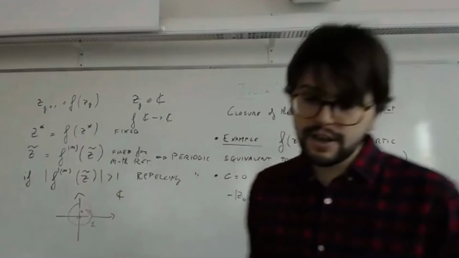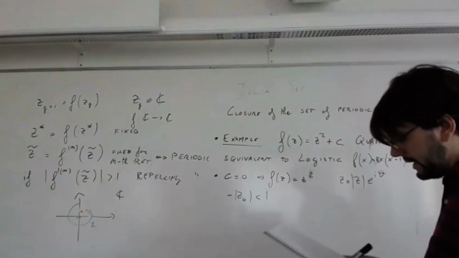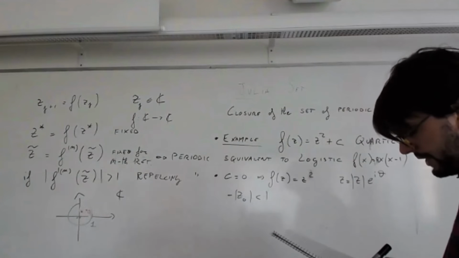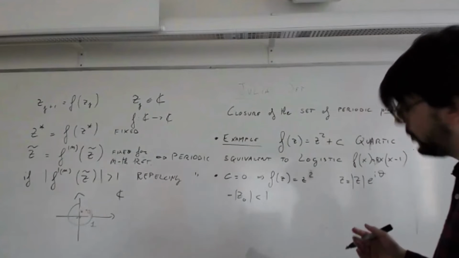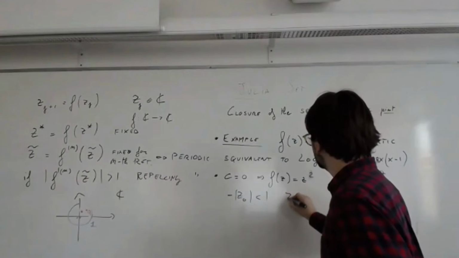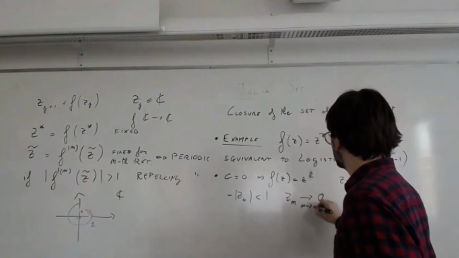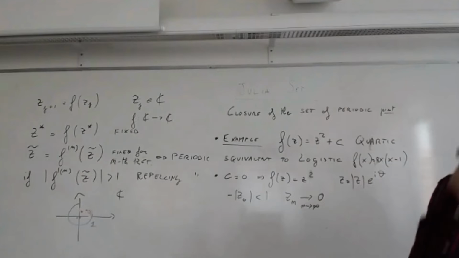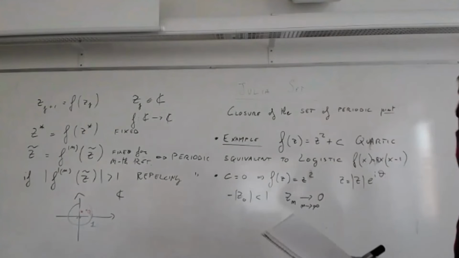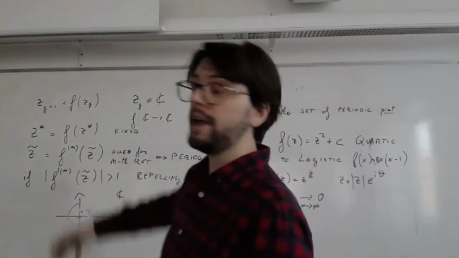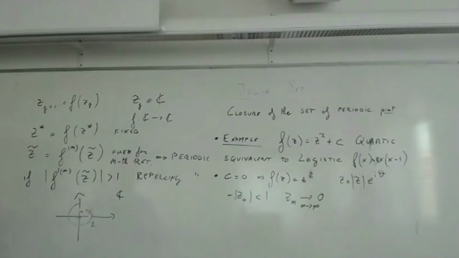So if the modulus of z0 is less than 1, zn will go to 0 for n that goes to infinity. We go to 0 in a bit of a complicated way maybe, but we always go to 0.